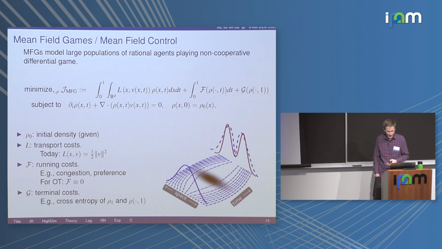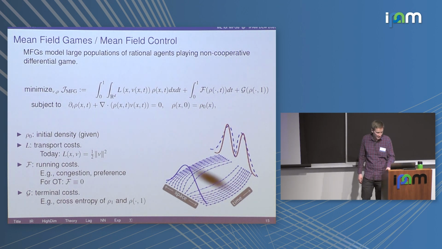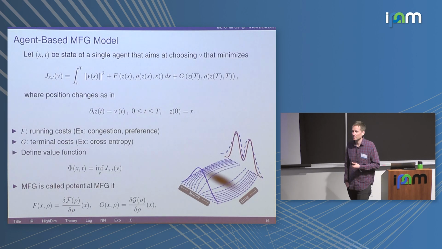There's another way to look at this problem, because this is a variational formulation, where you try to find the velocity. You think almost like a central planner. You have a central guy that says how everyone is going to move. But you can equivalently, in many cases, also make this an agent-based model.